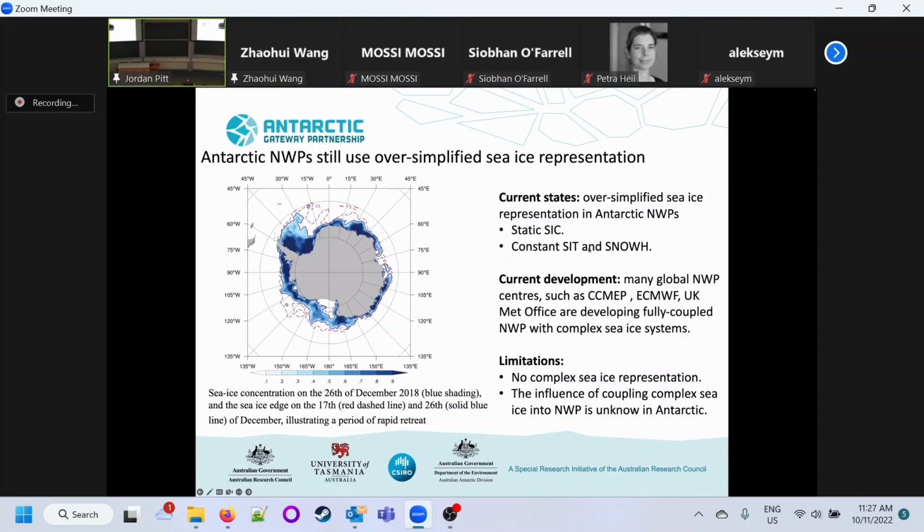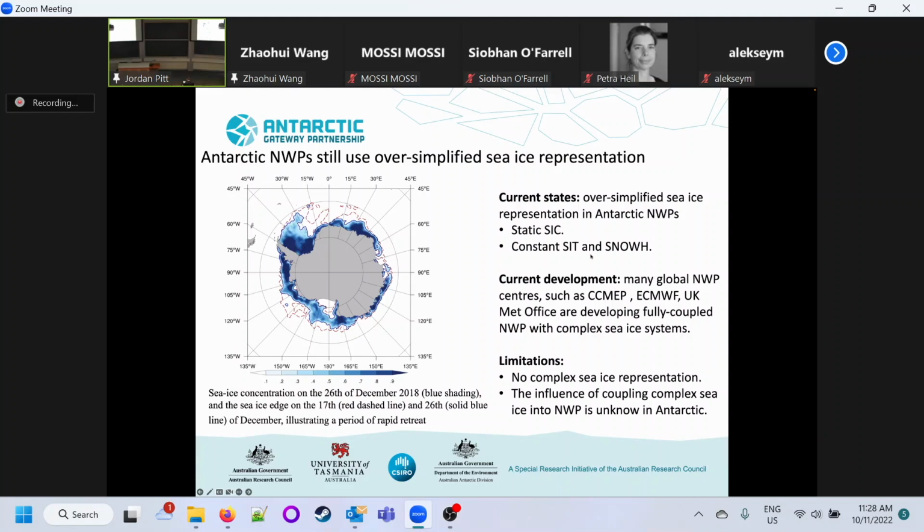But that would also cause some problems, and many global numerical weather prediction centers like the ECMWF and UK Met Office have realized these problems. They are developing fully coupled numerical weather prediction models with a complicated CS model like the SAS6 or the LIM3 to overcome these problems.